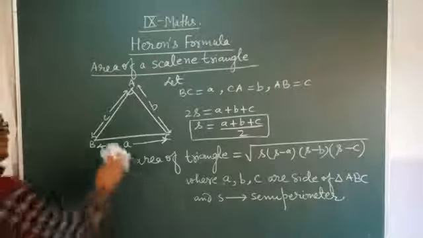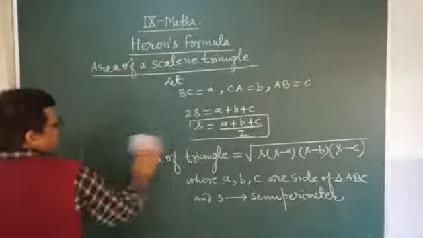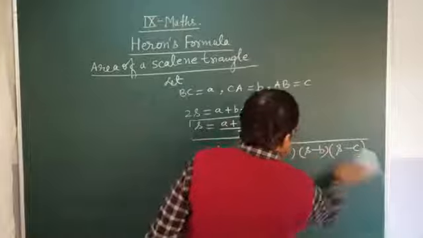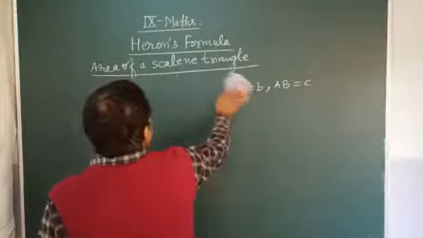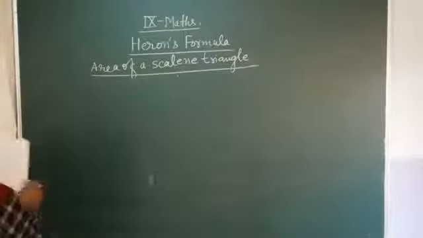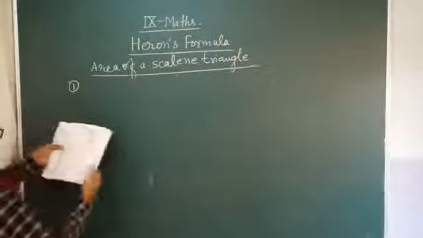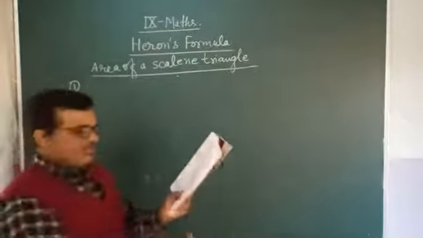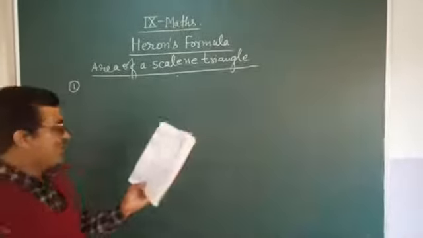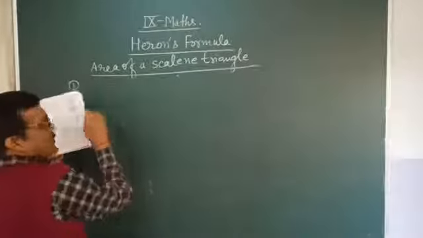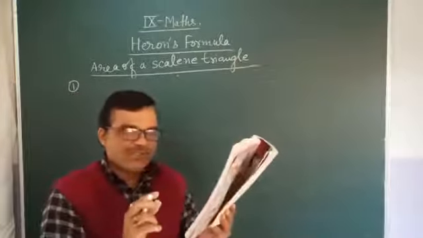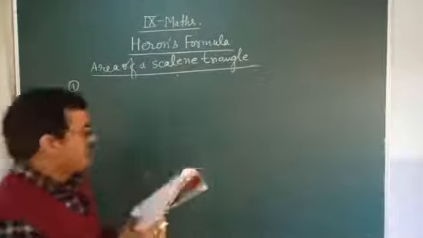Now we take a question: find the area of a triangle whose sides are 40 meter, 32 meter and 24 meter.